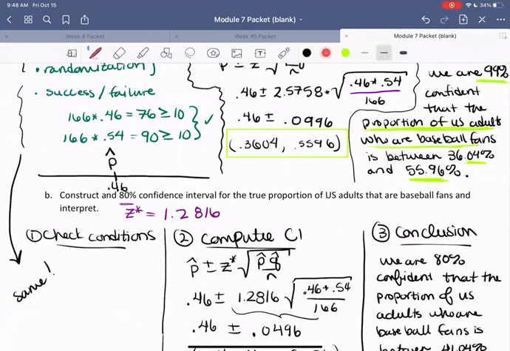So if we have some tick marks here, maybe we'll do tick marks by 10. So this is 0.56. This is 0.36. Our first confidence interval goes from 36 to 56. So this was at 99% confident.